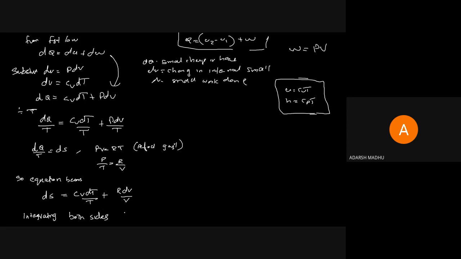Integrating both sides, we get the integral of ds, that is s1 to s2, equal to Cv, a constant we take outside, times the integral of dT by T from T1 to T2, plus R, a constant we take outside, times the integral of dv by v from v1 to v2.